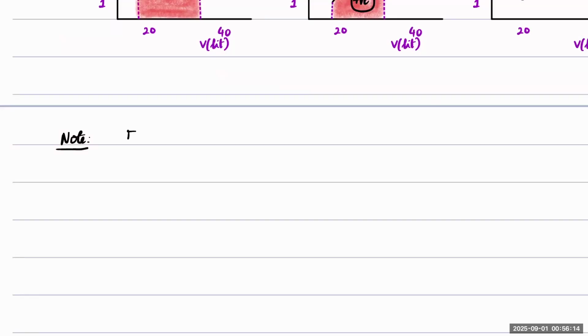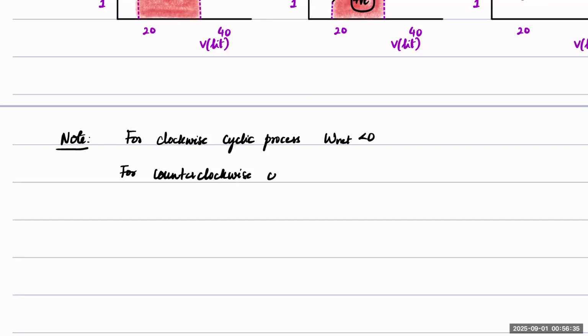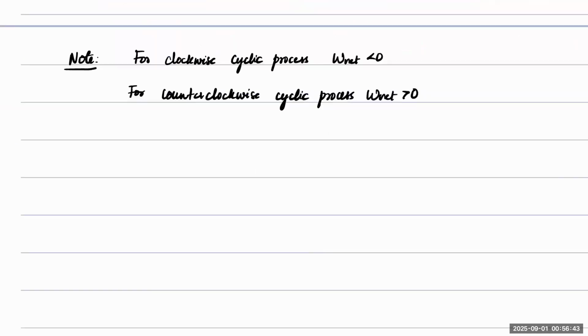For clockwise cyclic process, work net is negative. For counterclockwise cyclic process, W net is positive. Okay.